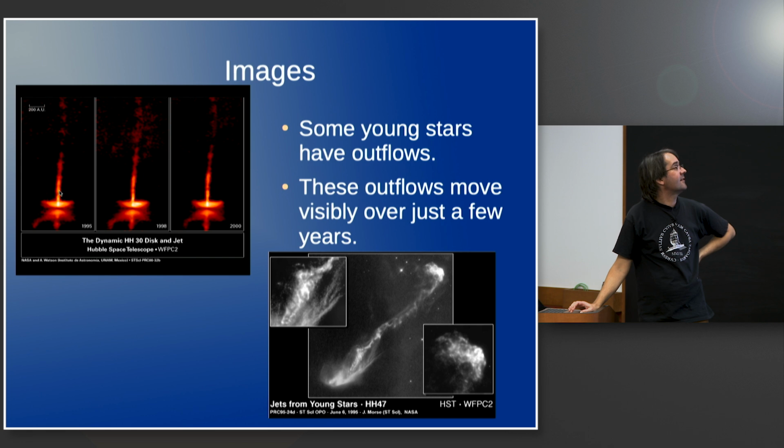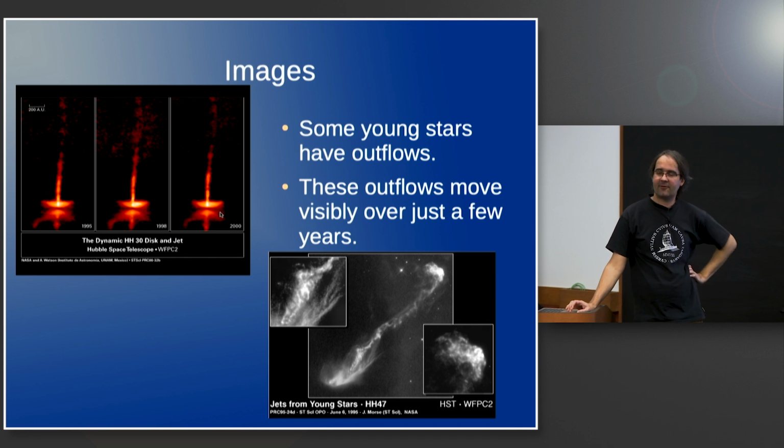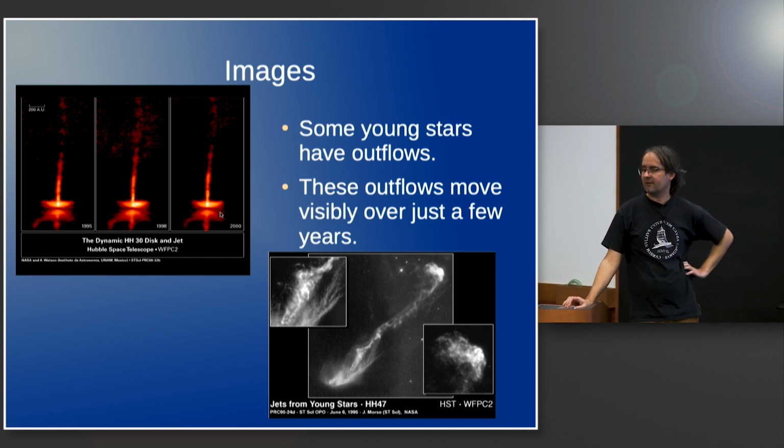You can take this dot and measure how far it is from the star, then look at the same dot 3 years later and see how far away from the star it is now. If you know how far away the system is, then you can calculate how fast it moves. It's around 300 miles per second.